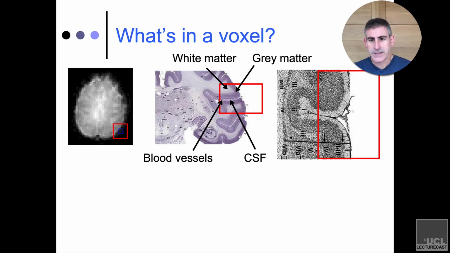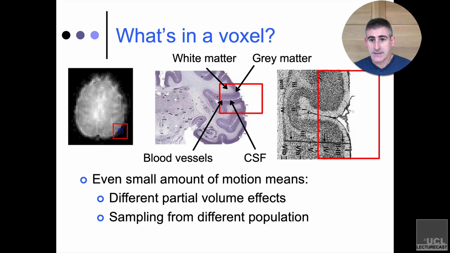The one potential exception to that is if you happen to have a subject with big ventricles and you happen to be in the middle of a lateral ventricle, you might be getting essentially cerebral spinal fluid. But that's not the stuff you're interested in because it's not generating bold signal. Anytime you're looking at bold signal, it's being generated by a complicated combination of multiple tissue types.